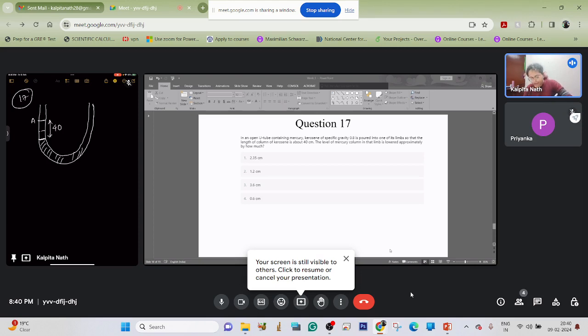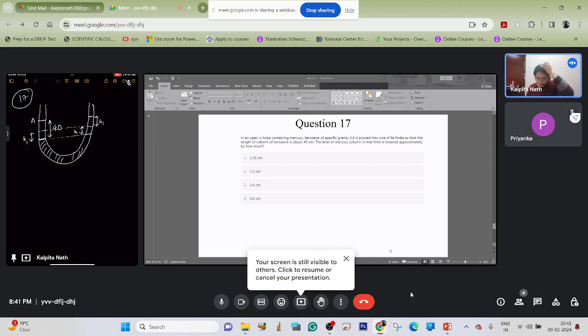Initially the height was H1 above, and now it is H1 below. Initially it was at the same level because it was at equilibrium. So now it has risen up to h1 height. If I bring this also here, this will also be h1.